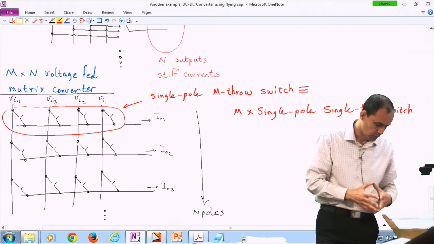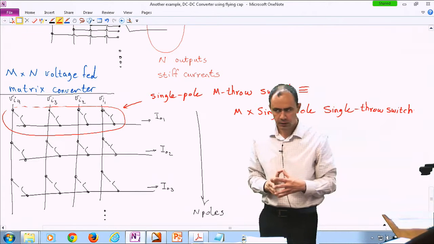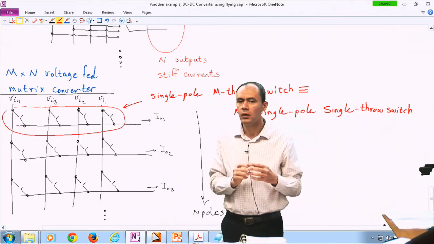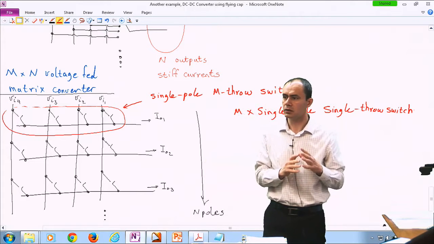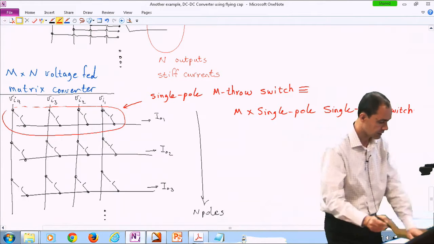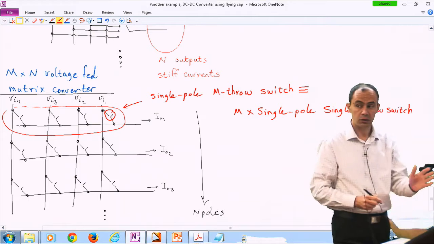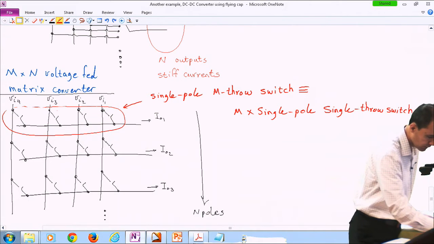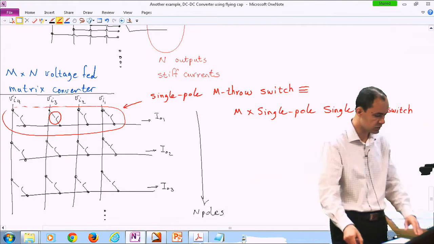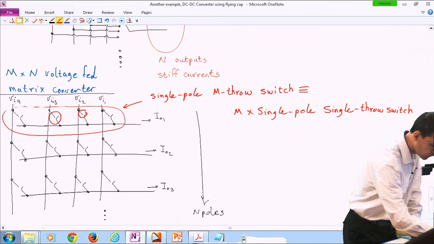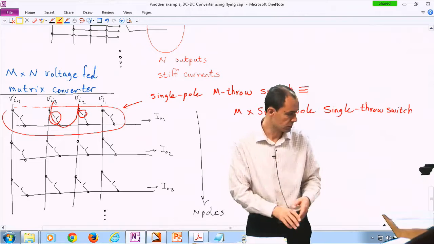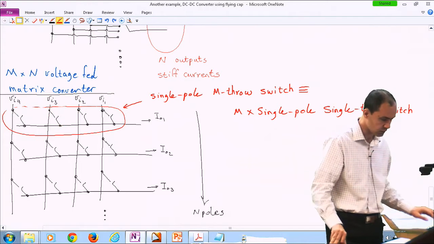The reason that I'm highlighting this is that at any given time, only one of these switches should be on. Like here I have 4 switches. If this switch is on, the other 3 should be off. Otherwise, you are violating KVL, because if I have two switches on, I'm shorting these two stiff voltages to each other, and KVL is going to be unhappy. So just make sure that you have that in mind.